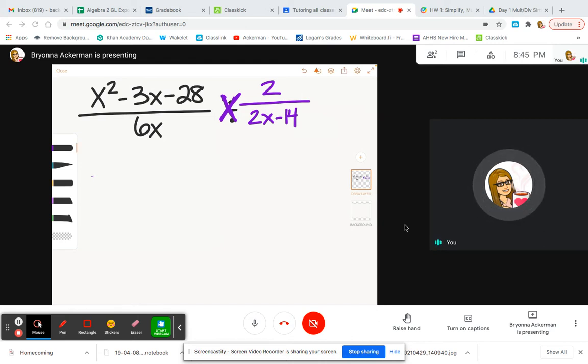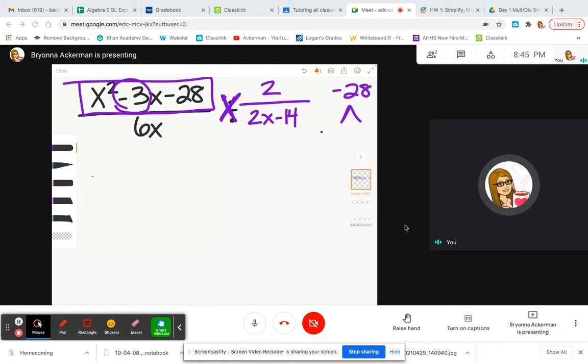The first thing you want to do is factor anything you can. Up here, we have a quadratic that we can factor using the AC method. We're going to do A times C, which in this case is negative 28. We need two numbers that multiply together to give us negative 28, but when I add those same numbers together, I get negative 3.